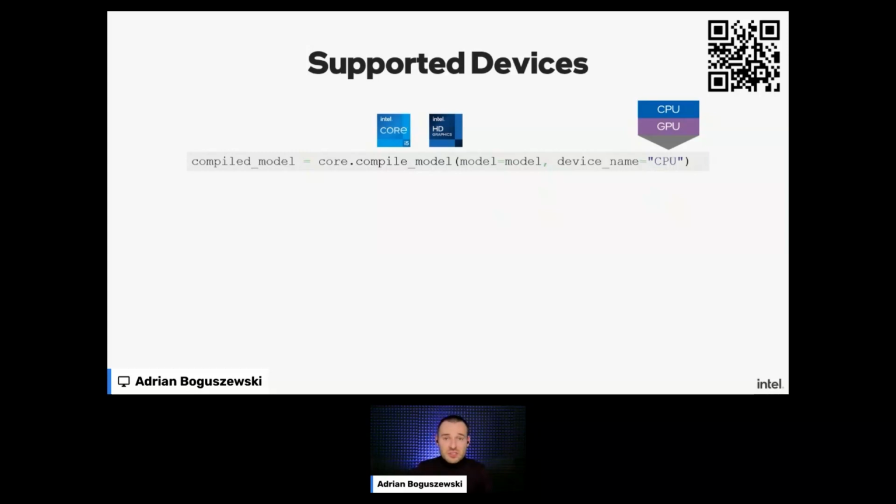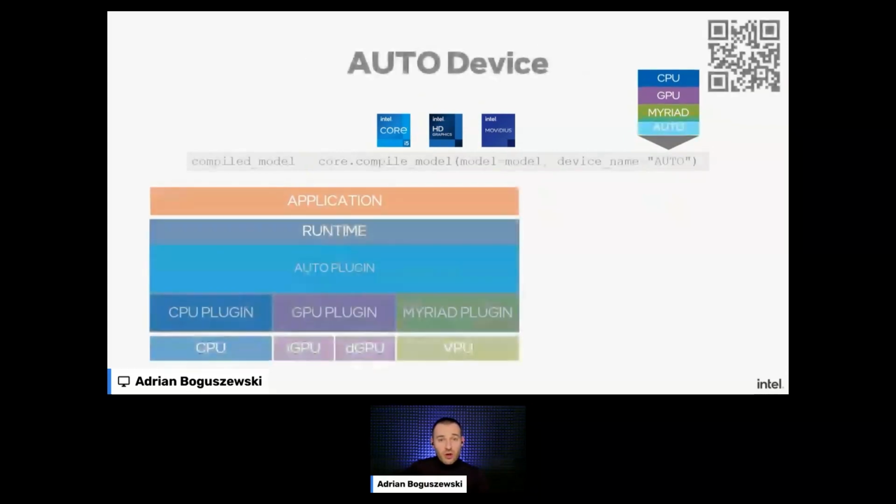But also it means some discrete GPU cards like Flex series, Arc series, and so on. And if you put here Myriad means it will run on this device, Neural Compute Stick. So you will use this USB accelerator. But there is also one more very important device, Auto.